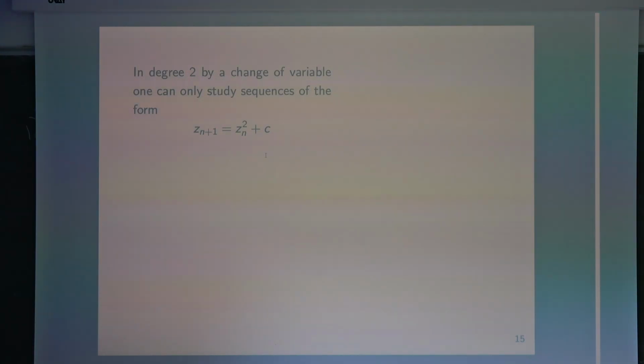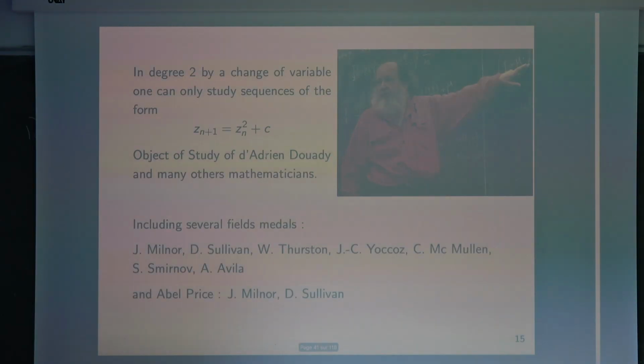And if you translate, the roots of the polynomial are symmetric, so it will be 0 here. You can conjugate this polynomial. It's conjugate to z squared plus c. Since I look only up to conjugacy, I will directly look at z squared plus c.